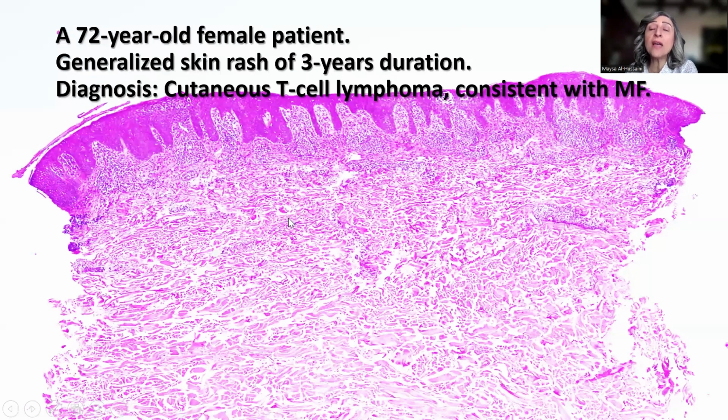So the final diagnosis in this case, based on the long clinical history, the involvement of the generalized skin rash involving the body, and the immunoprofile, is consistent with T-cell lymphoma of mycosis fungoides type, perhaps most consistent with the tumorous stage.